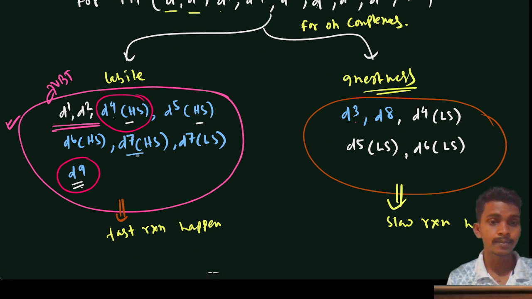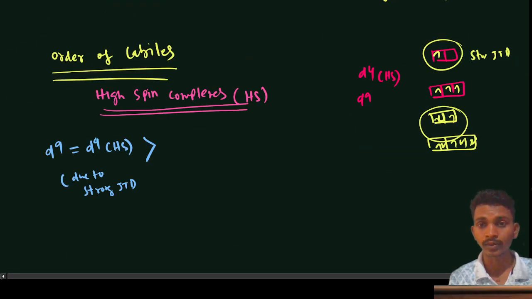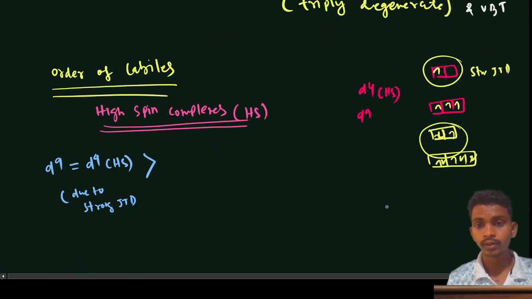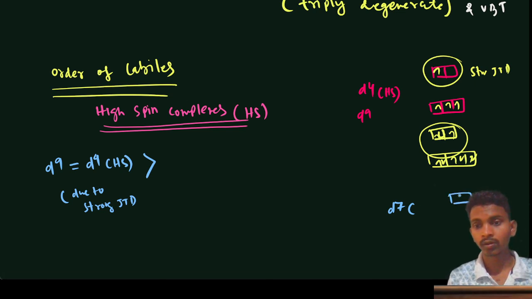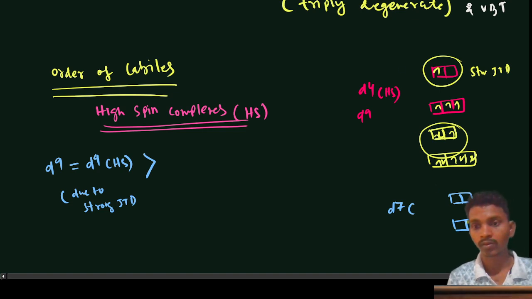If you see D7 high spins and D2, that is BBT concept. D7s, one, two, three, 4, 5, 6, and 7.